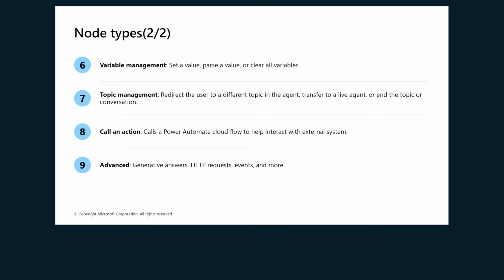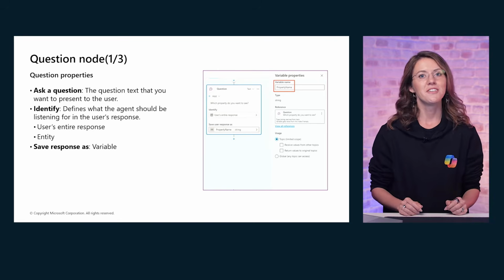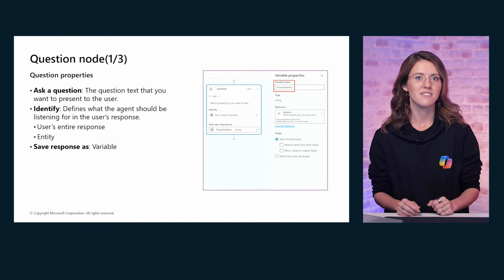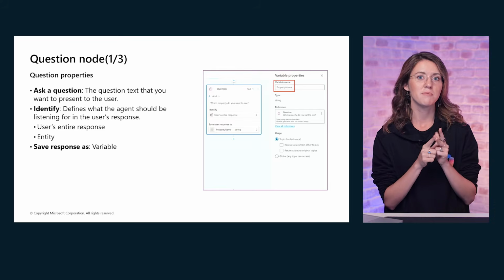Advanced features in agent topics are the cool extra tools that make your agent smarter and more capable. This could include things like integrating with other systems, using machine learning to understand user intent better, or handling complex queries with ease. Each question node includes 3 essential fields: Ask a question, Identify, and Save Response As.